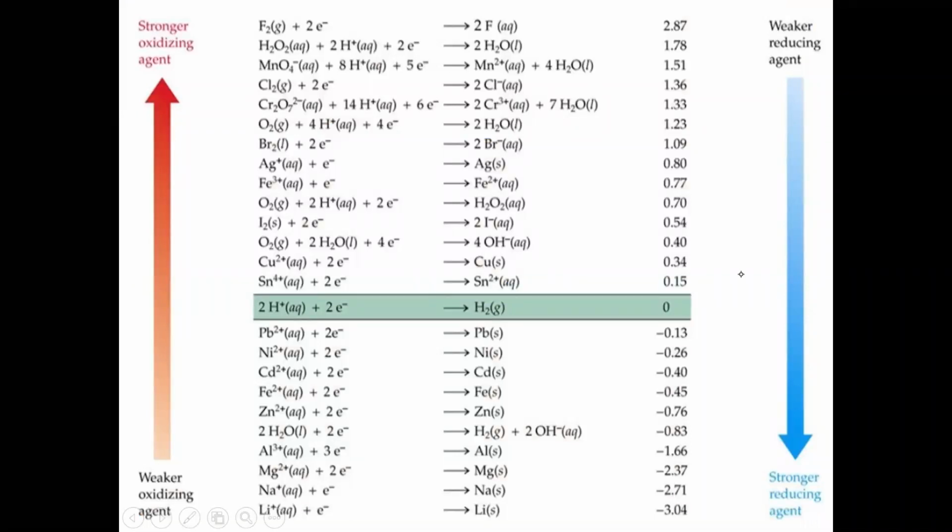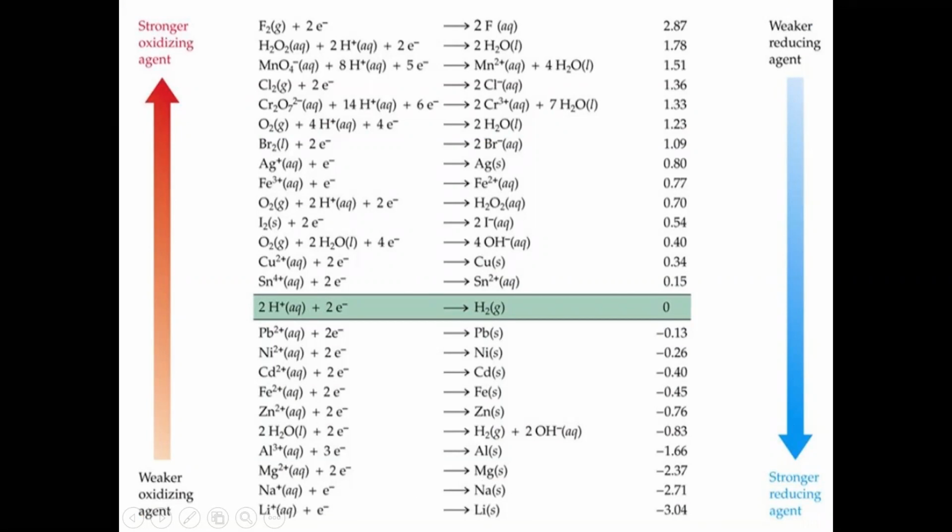Stronger reducing agent down the group. Stronger reducing agent means here lithium is on top. Lithium is the strongest reducing agent. Sodium is next strongest, magnesium is next strongest, then aluminum. By this you can say lithium can displace sodium from its salt solution, but sodium cannot displace lithium from its salt solution, because lithium is placed on top.